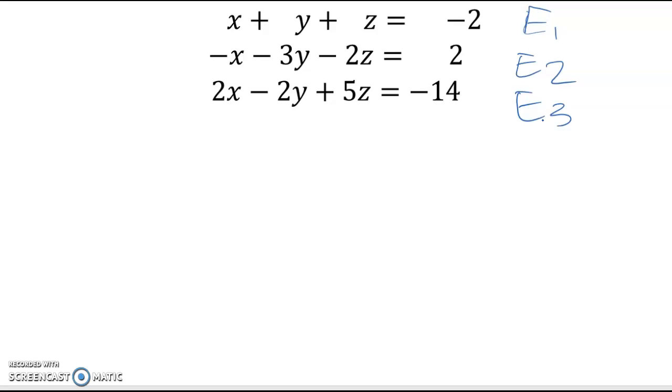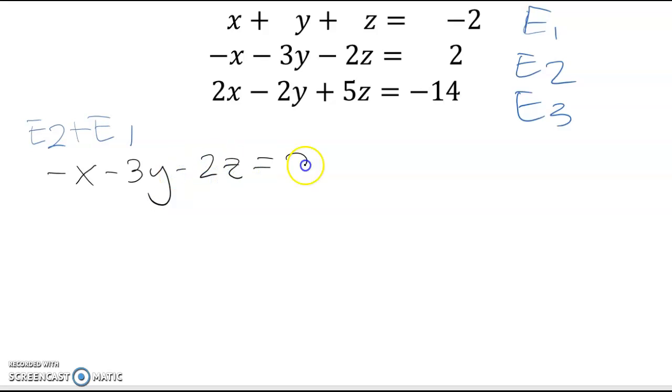The easiest way for me to do that is to use this minus x to get rid of the other x values. So if I do equation 2 plus equation 1, I'm taking that negative x, doing it to the entire equation, and adding it to equation 1.